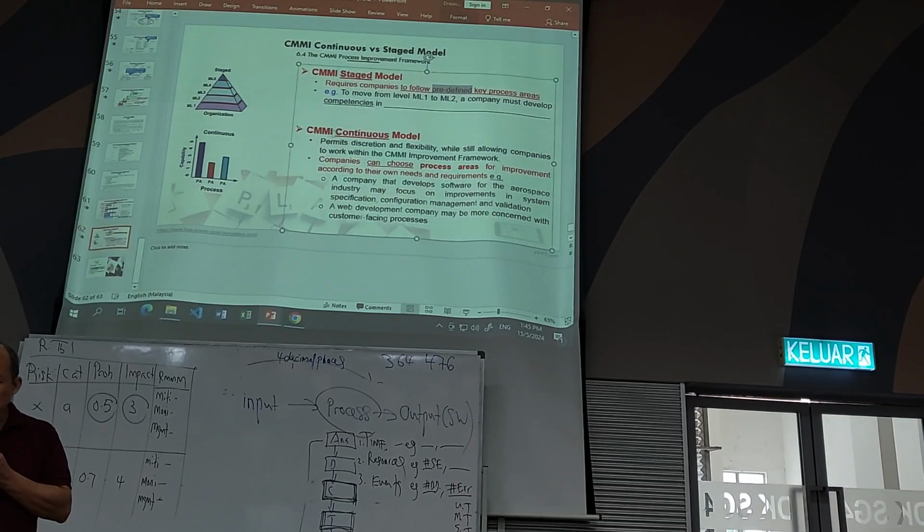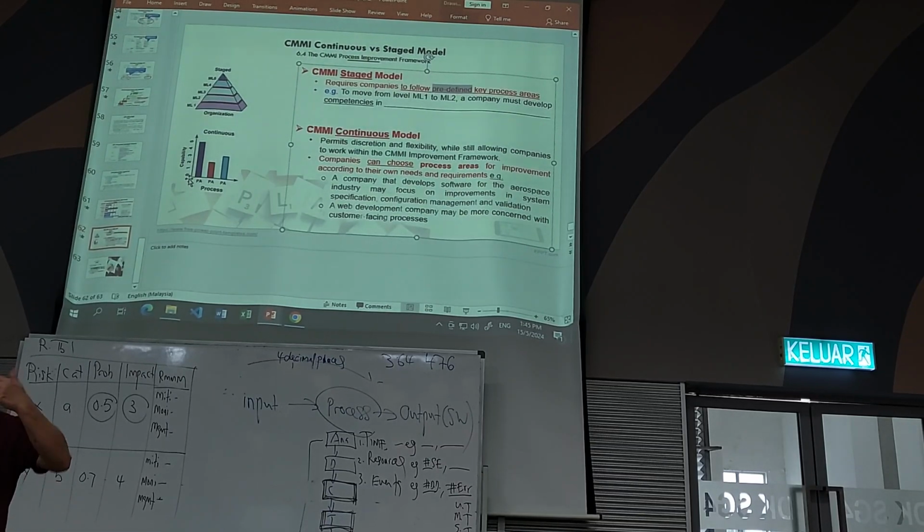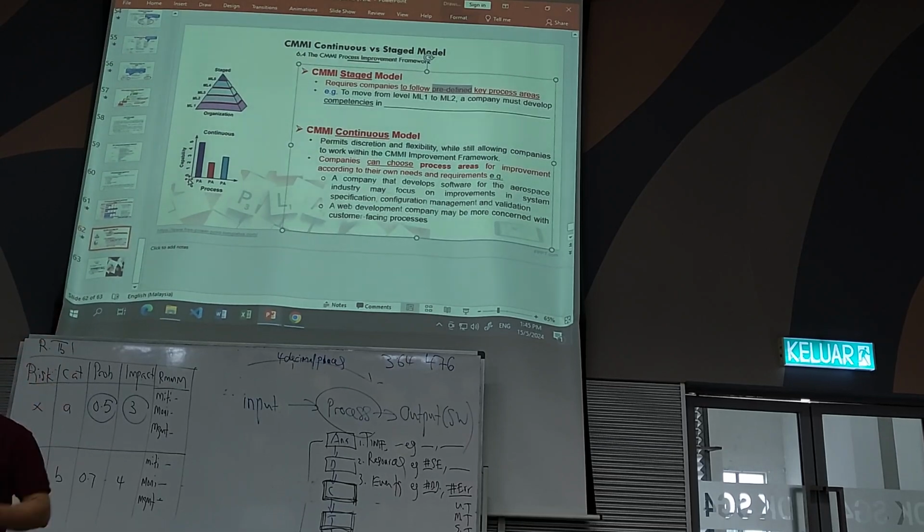Okay, for the CMMI continuous model, the company can choose process areas for improvement according to their own needs and requirements. So this one is flexible. The organization can choose a process area where they want to develop their level of competency.